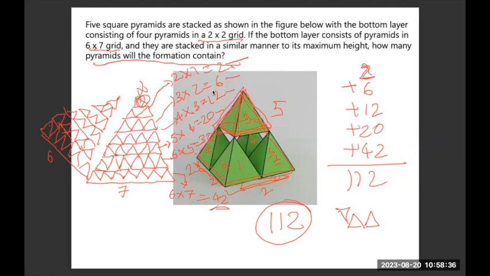Otherwise, no pyramid can come on top. But for example, if you see this situation in a 2 by 2 grid, if I remove one pyramid from any corner, this pyramid will topple down. It won't stay. That's why we won't count the last pyramid.